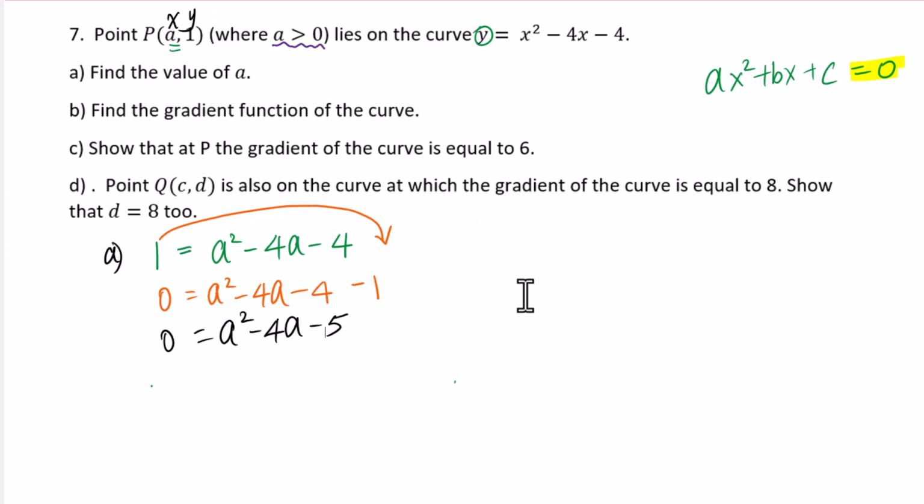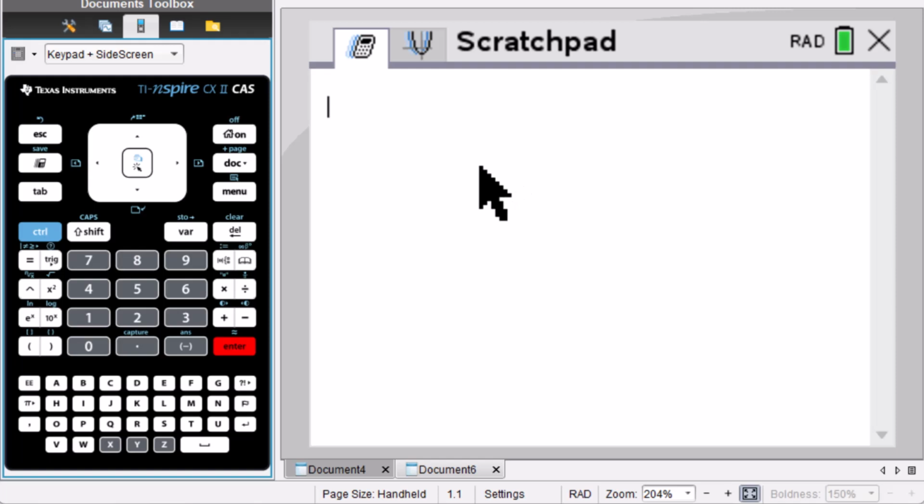Let's go to the calculator. Please learn how to use polyroots. With the equation solver, we can only get one solution. For example, we put a squared minus 4a minus 5 equal to 0.